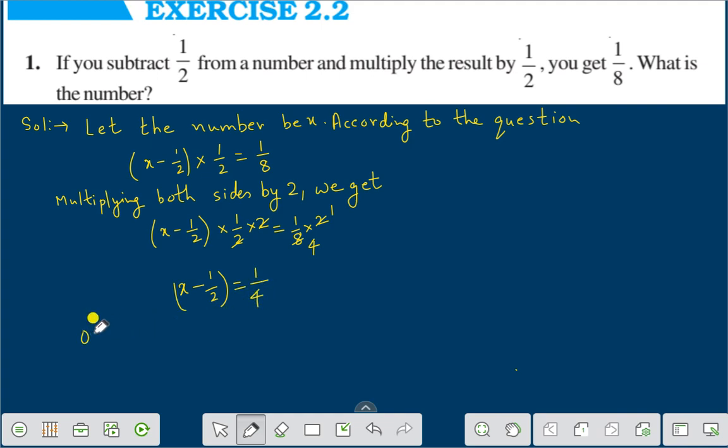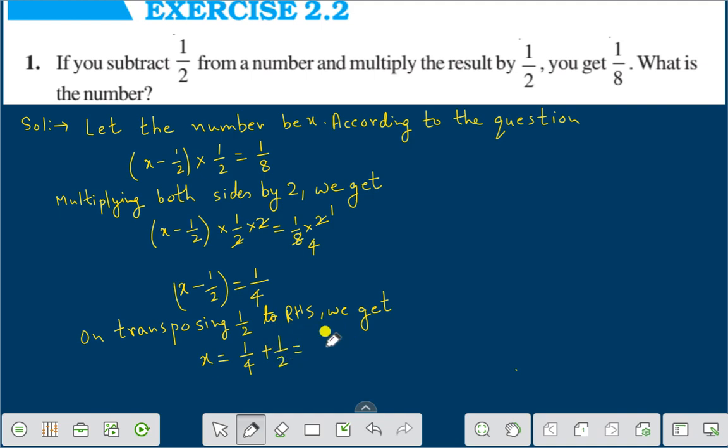Now on transposing 1/2 to the right hand side, we get x is equal to 1/4 plus 1/2.